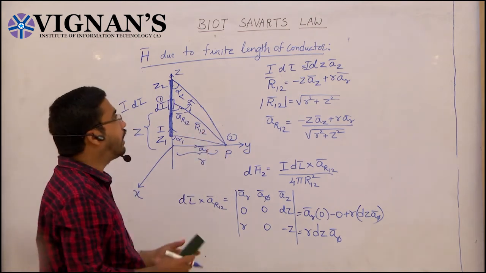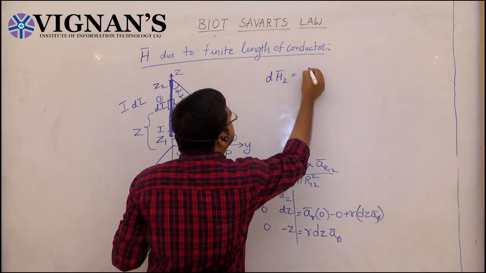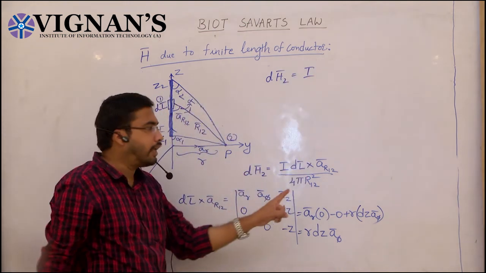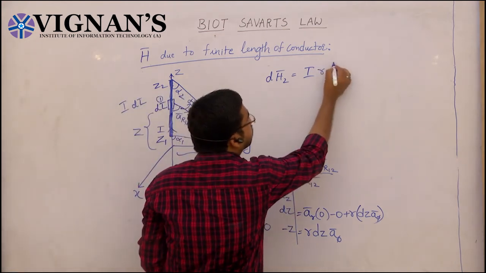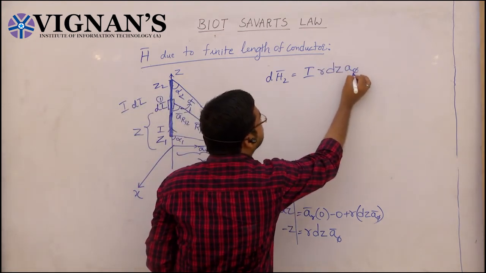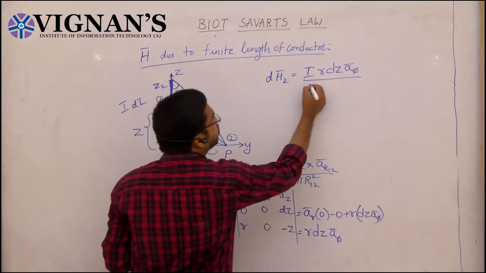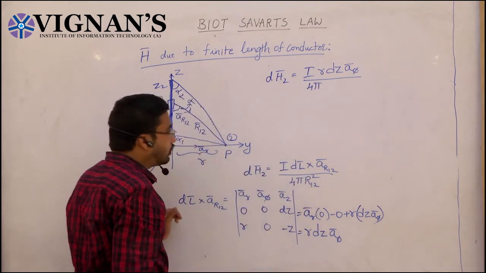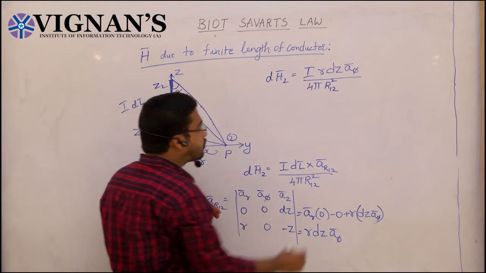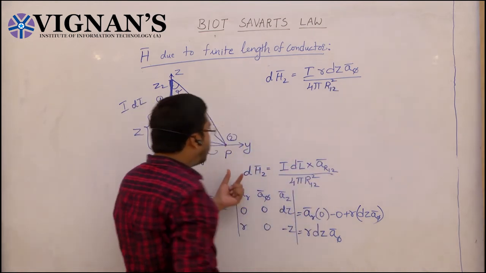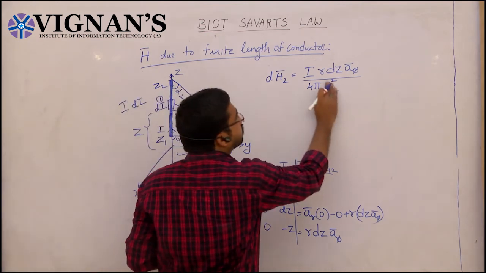So let us substitute those values. So take dH2 is equal to I into, in the place of DL cross AR, what I can substitute? R dz A phi divided by 4 pi into R12 square, that is R12 magnitude is root over R square plus Z square.